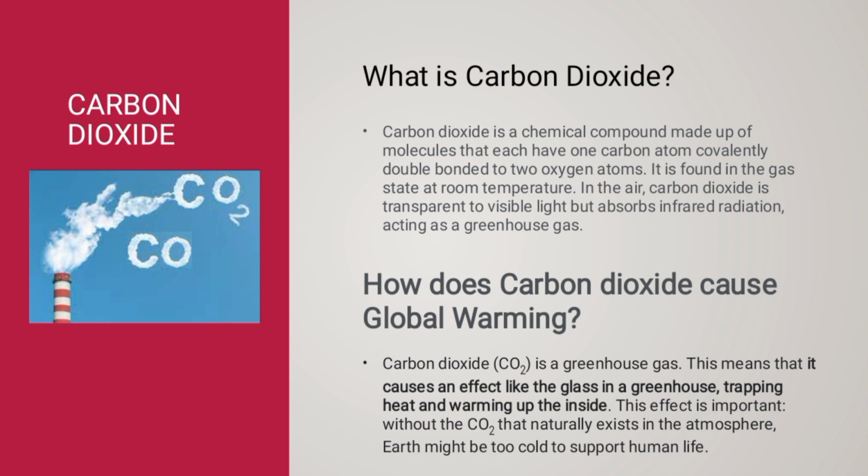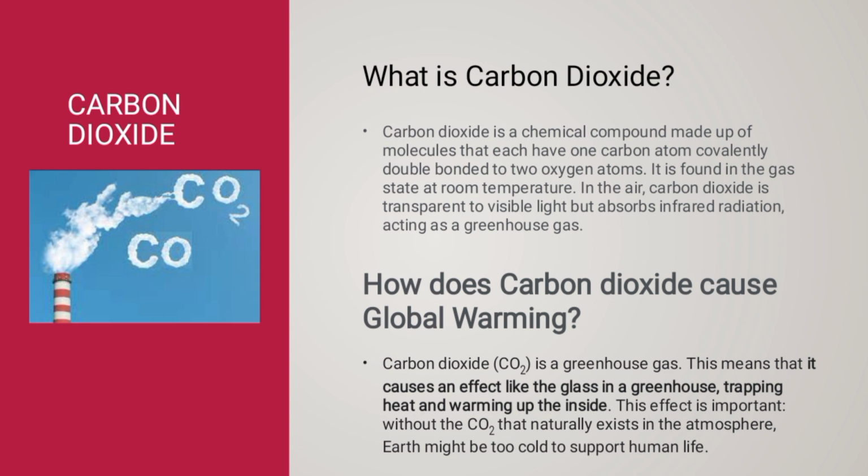Carbon dioxide is a chemical compound made up of molecules that each have one carbon atom covalently double-bonded to two oxygen atoms. It is found in the gas state at room temperature. In the air, carbon dioxide is transparent to visible light but absorbs infrared radiation, acting as a greenhouse gas.